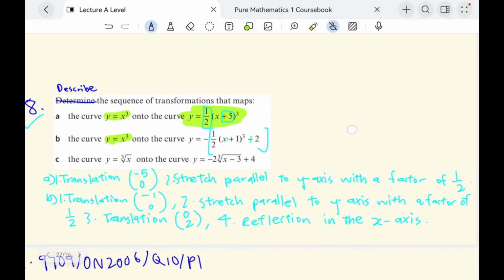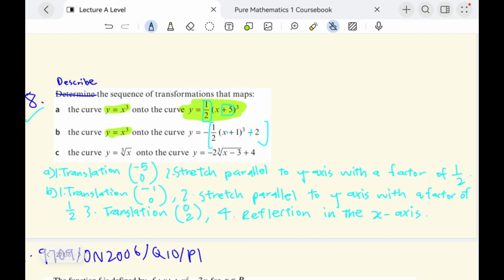But I think this sequence of transformations is too long. So what is the alternative answer that I can give?